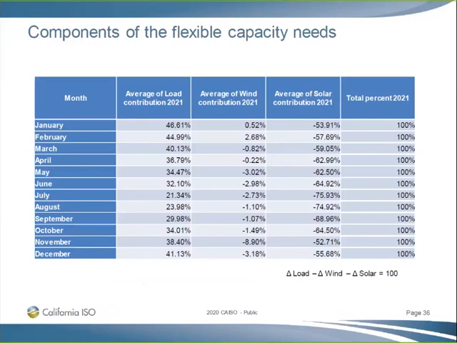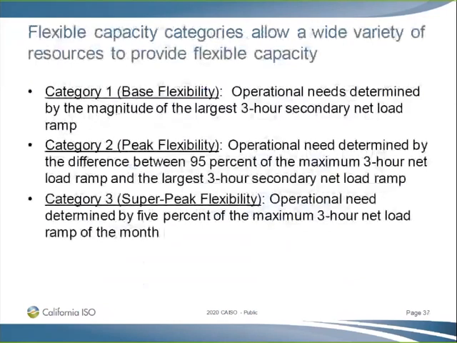Okay, so move on to 37. So this is how we are going to further slice that red bar into different categories. One is the base flexibility.